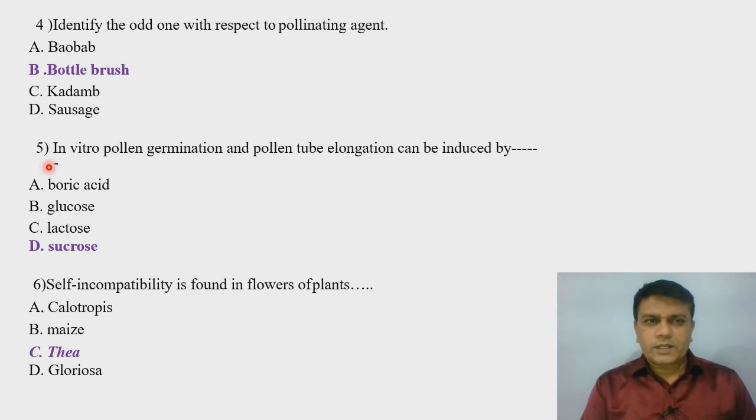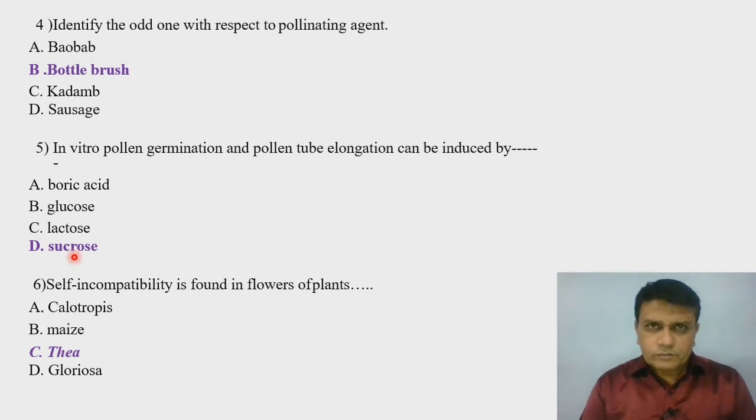Then the next one is, in vitro pollen germination and pollen tube elongation can be induced by the use of boric acid. Then B is glucose, C option is lactose, and D is sucrose, which is the correct option.